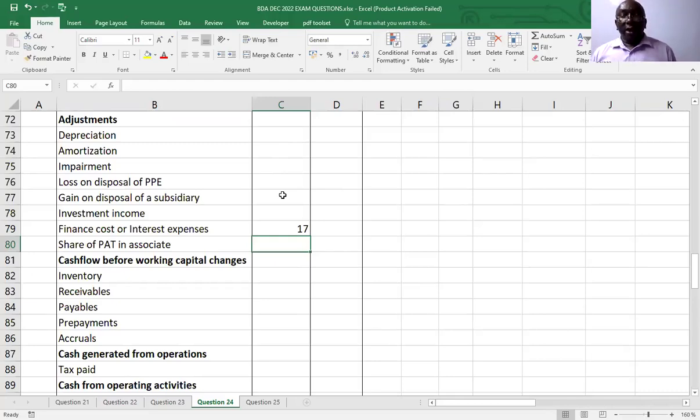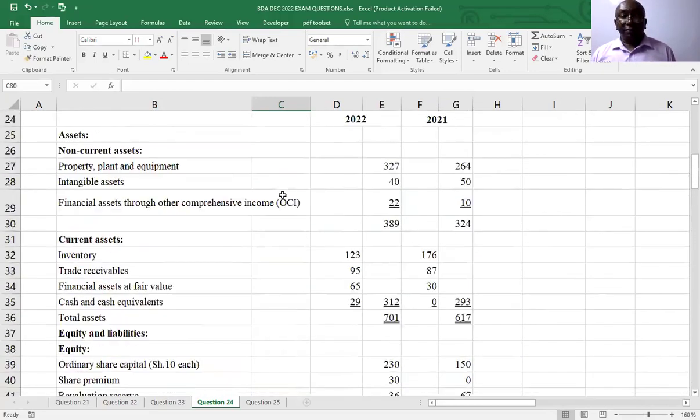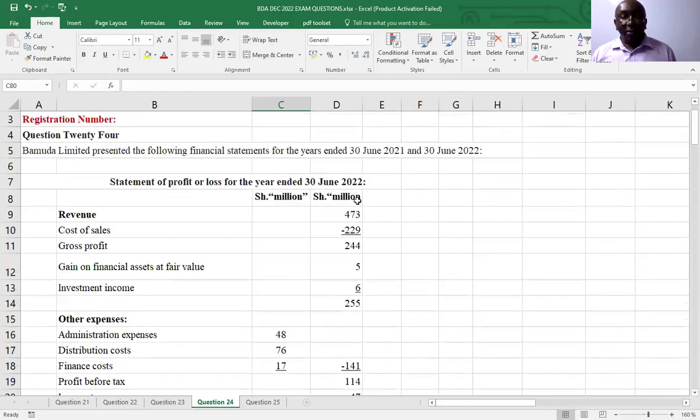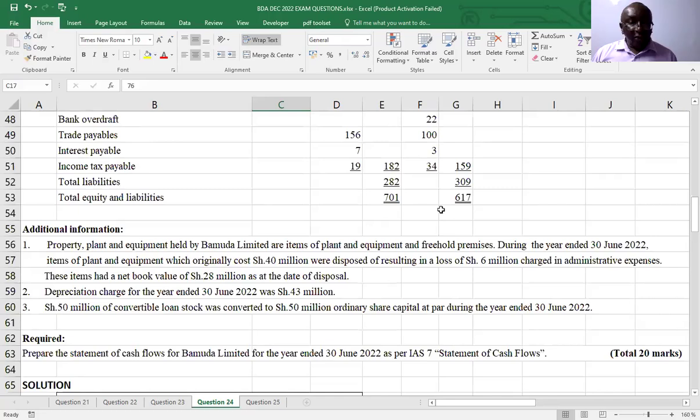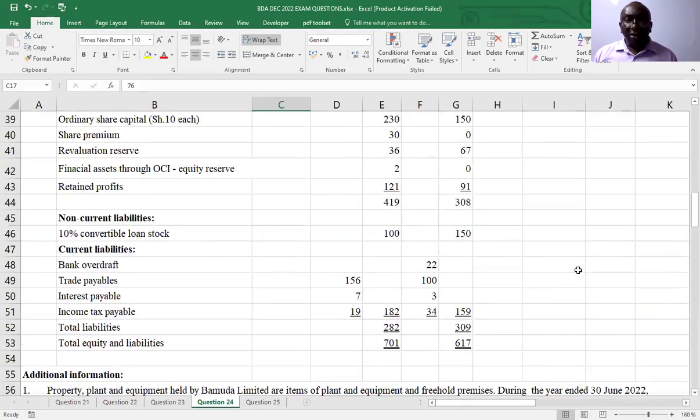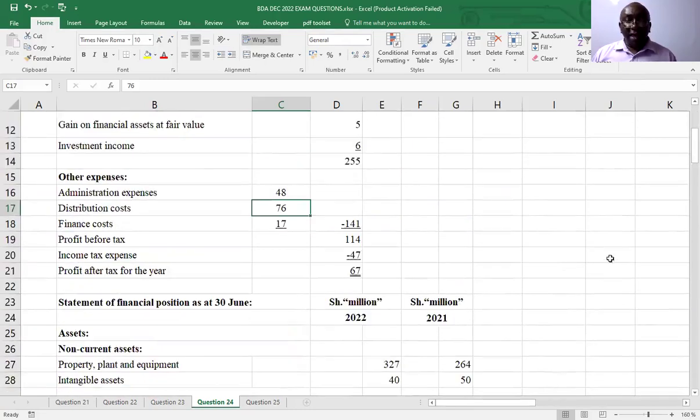The next item that I find as I go backwards is distribution costs. For the distribution, we are given 76, and I don't know whether additional information had mentioned anything to do with it. Additional information had mentioned administrative. So now that distribution is not mentioned, these ones are supposed to be there. So no adjustment regarding these ones.